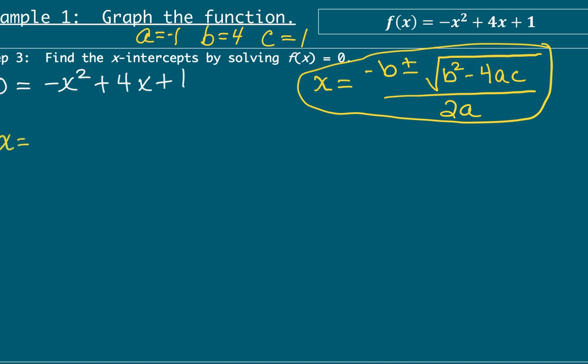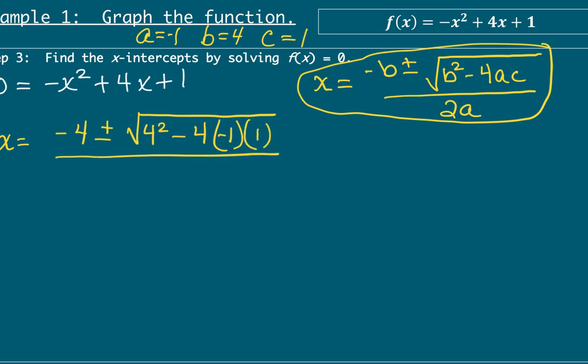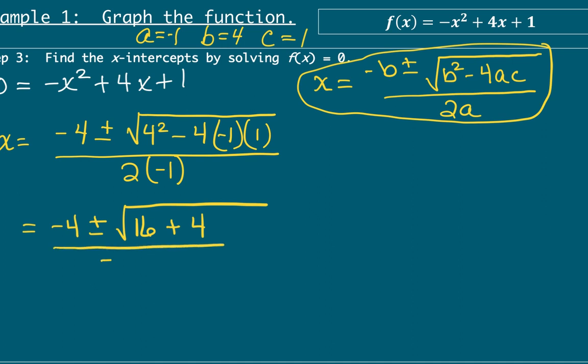So x equals negative b, negative 4, plus or minus the square root of 4 squared minus 4 times negative 1 times 1, all over 2 times negative 1, which equals negative 4 plus or minus the square root of 16 plus 4, because I'm multiplying times a negative in there, all over negative 2, which equals negative 4 plus or minus the square root of 20 all over negative 2.